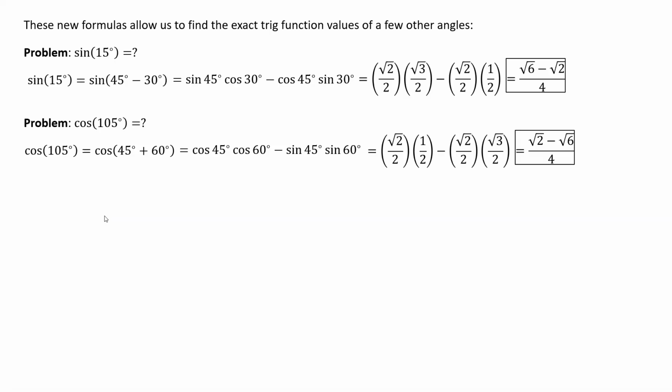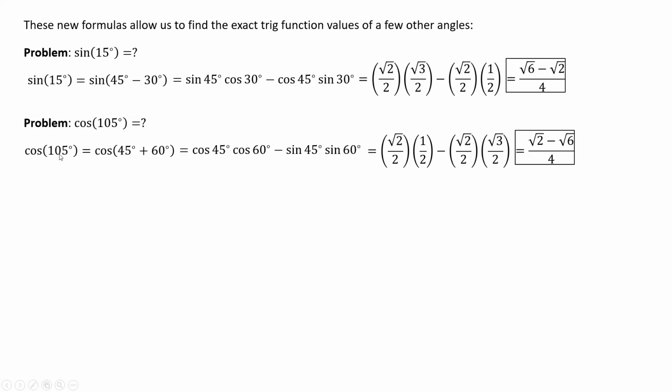Cosine of 90 plus theta, okay, earlier we had a formula for cosine of 90 minus theta as being equal to sine theta. From that you can actually derive that cosine of 90 plus theta is sine theta. However, with a negative. Why would it have a negative?